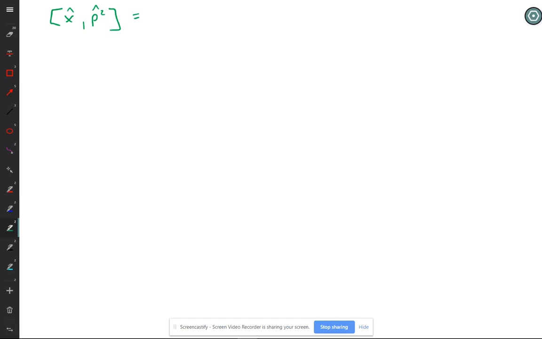X operating on psi gives you x times psi. So I drop the operator there. So then we do this derivative. There we go. So that stays the same. And we do this derivative with the product rule. You're going to have psi plus x d psi dx. And then you do this derivative.